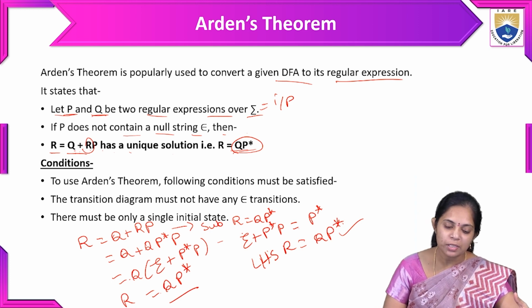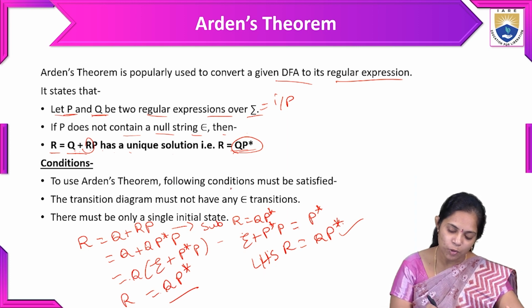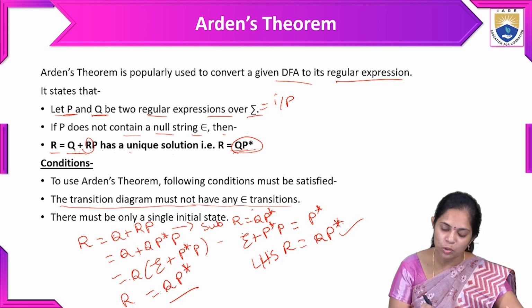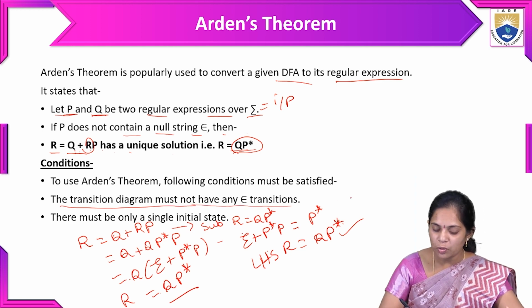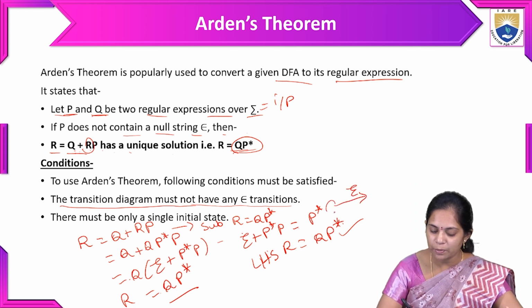And what are the conditions to use Arden's theorem? To use Arden's theorem, the following conditions must be satisfied. The transition diagram must not have any epsilon transition. Epsilon transition means going from state Q0 to Q1 without giving any input symbol.